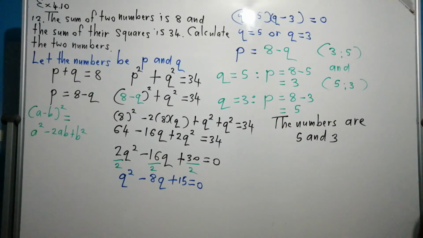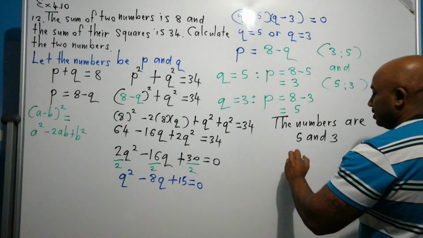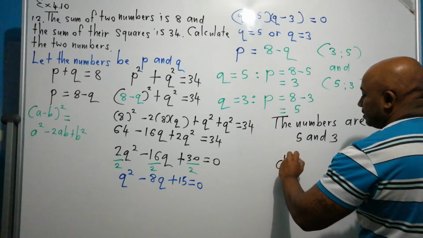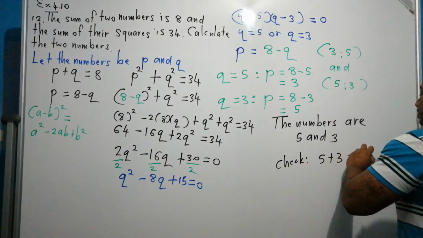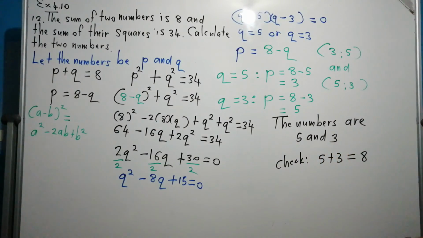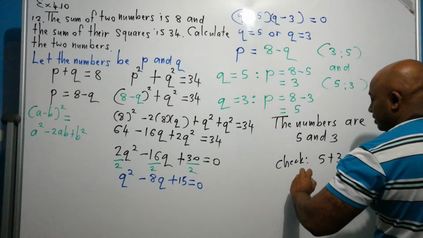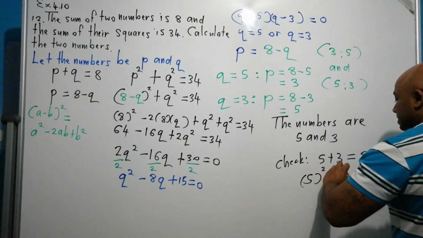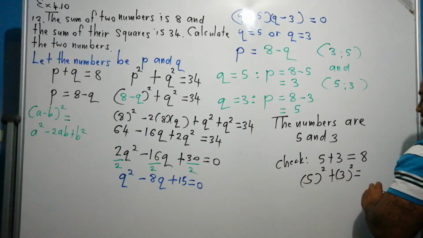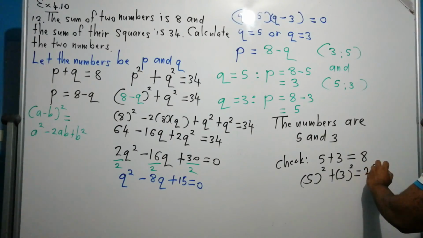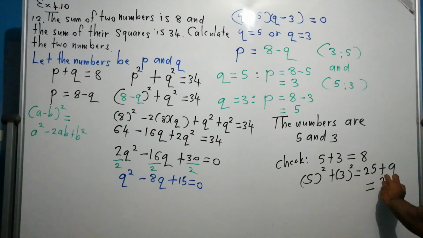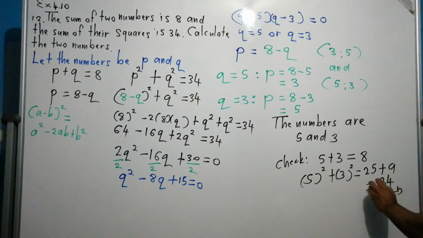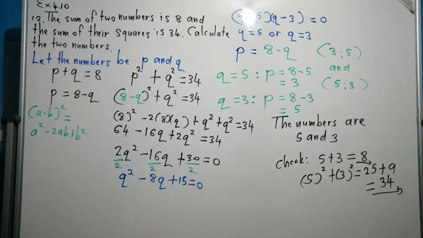Check, the sum of the numbers is 8. Okay, so let's do a check here. 5 plus 3 is equal to 8. The sum of their squares, 5 squared plus 3 squared. 5 squared is 25, 3 squared is 9, 25 plus 9 is equal to 34. It works. So therefore the numbers are 5 and 3.